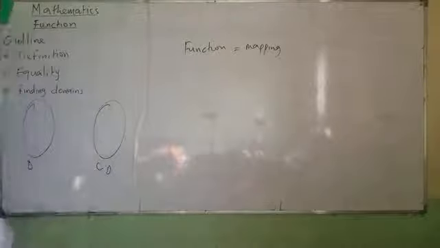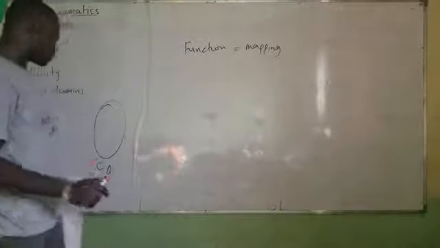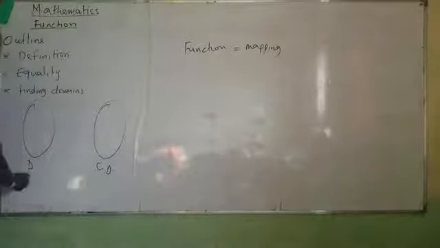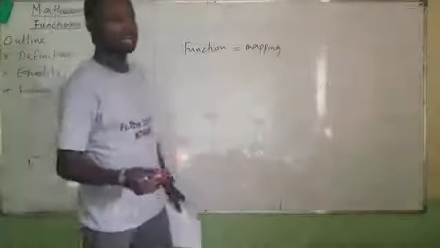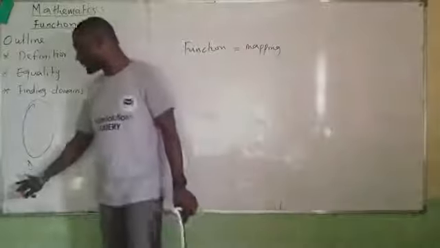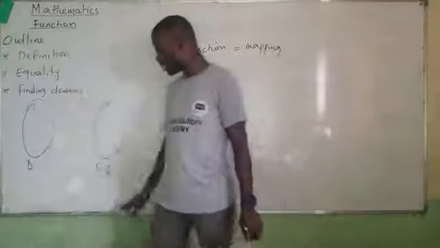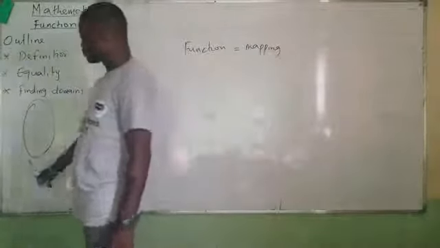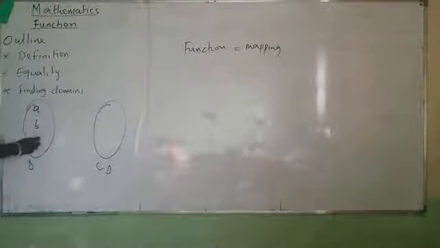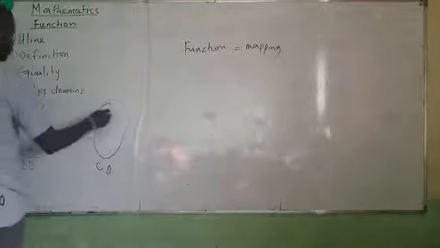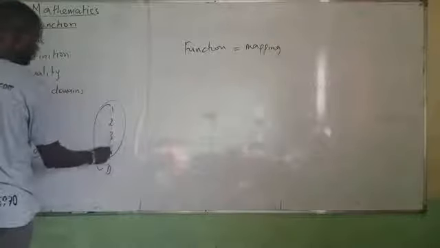Take note of that: domain and co-domain. We also call them image and pre-image, or input and output.